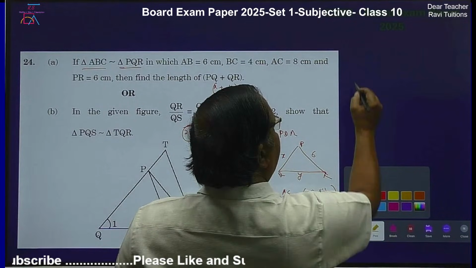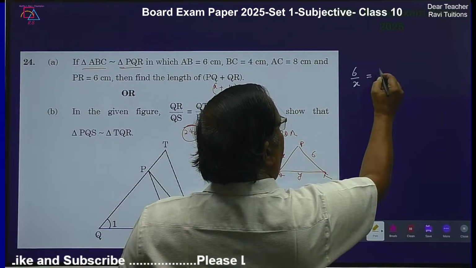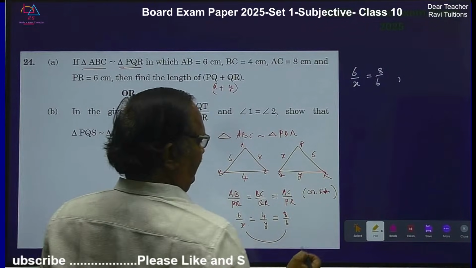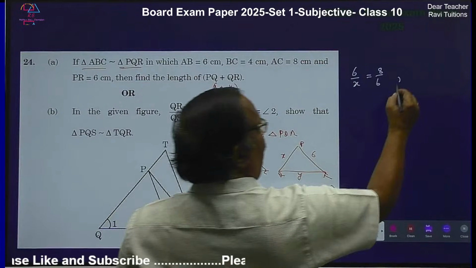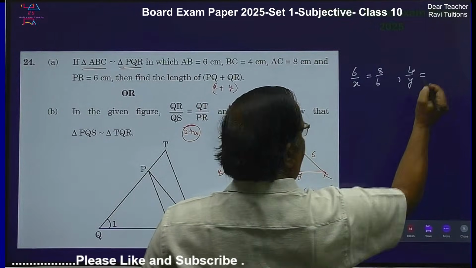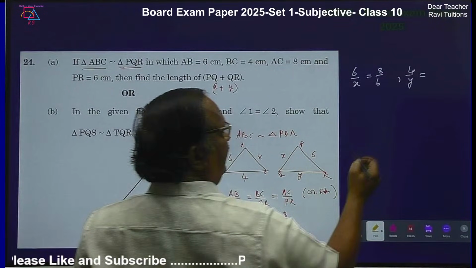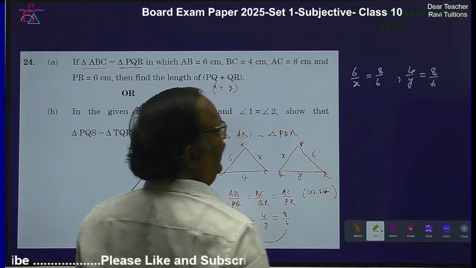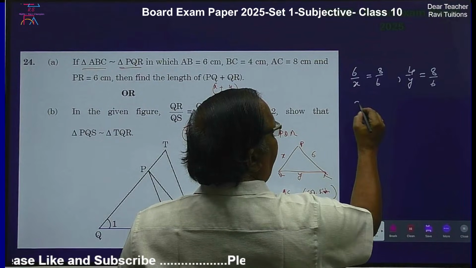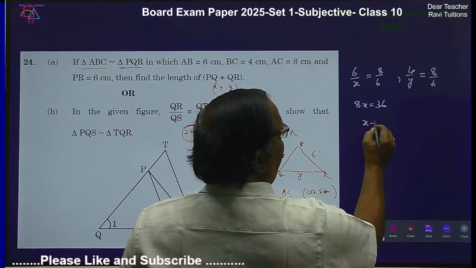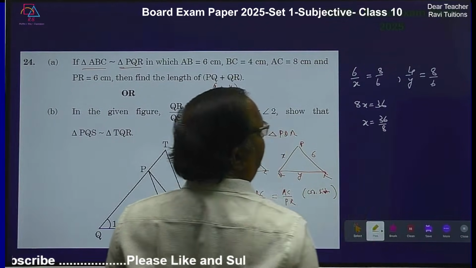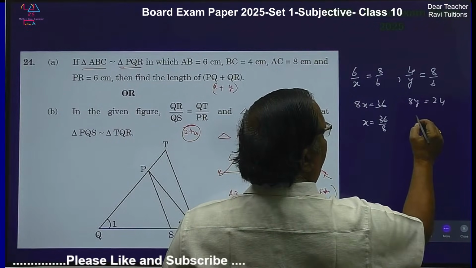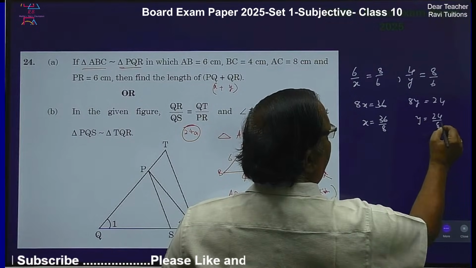So 6 by X is equal to 8 by 6. This is one. You take these two: 4 by Y is equal to 8 by 6. So from this you will be getting X, from this you will be getting Y. So 8x is equal to 36, x is equal to 36 by 8. 8y is equal to 24, y is equal to 24 by 8.